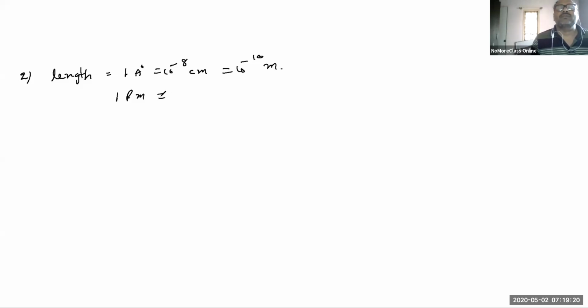1 picometer is equal to 10 power minus 12 meter, or 10 power minus 10 centimeters. 1 nanometer is equal to 10 power minus 9 meter, or 10 power minus 7 centimeter.